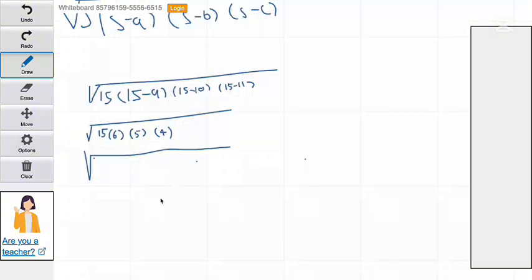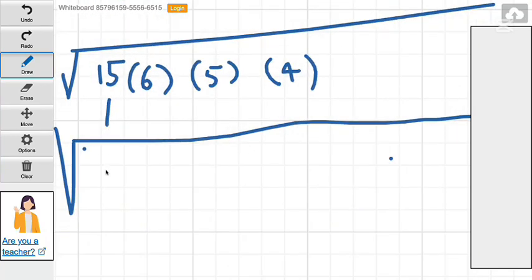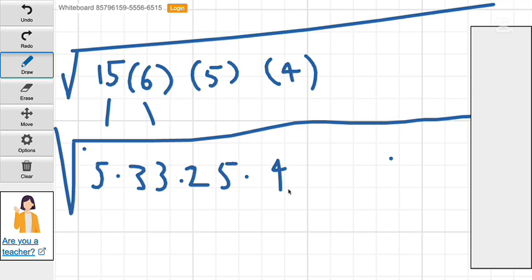We can actually split them. So for example, to get 15, we can go 5 times 3. To get 6, we can go 3 times 2. We can just leave 5 and 4 as they are. My bad, I need a dot in between that 3.